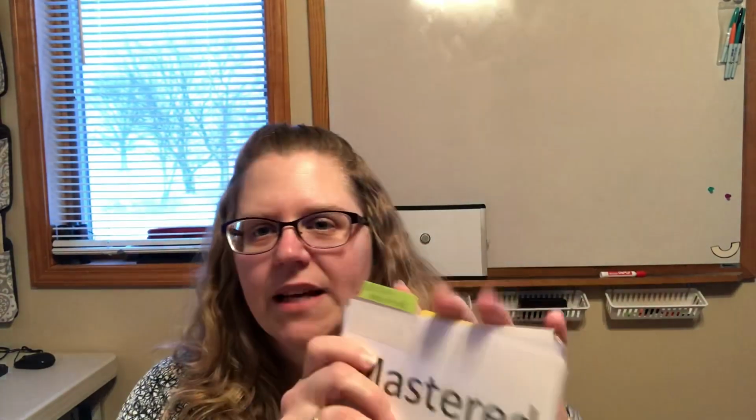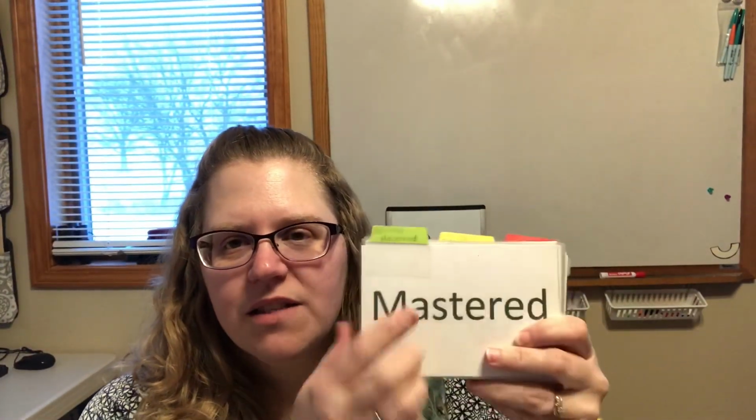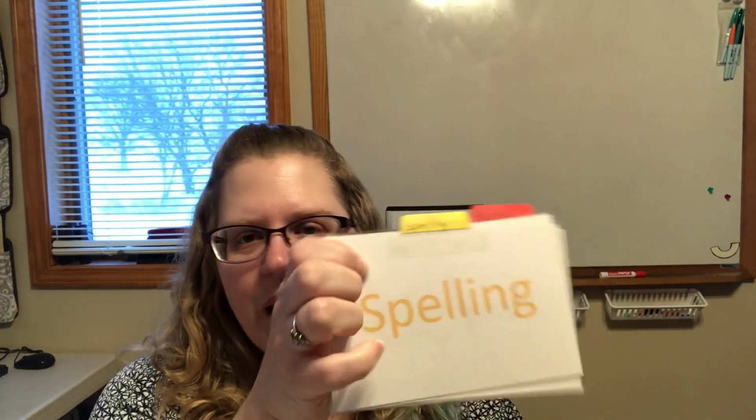So what I do first of all, after I developed my scope and sequence, or you go through your scope and sequence of your curriculum, I print my words out on 4x6 cards. And I have three division cards with my words. I have mastered, I have spelling, and I have reading.